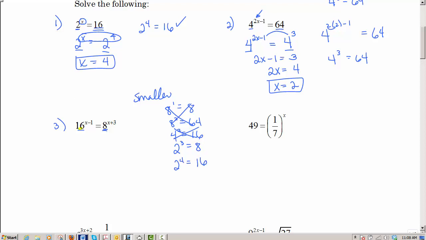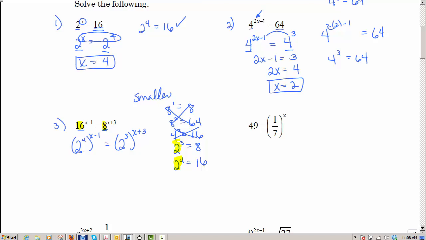So what I'm going to do is take these two bigger numbers and express them with the base 2. So 16 is 2 to the 4th power. I'm going to replace that and leave the x minus 1. 8 is 2 cubed. Replace 8 with 2 cubed, but leave that exponent.